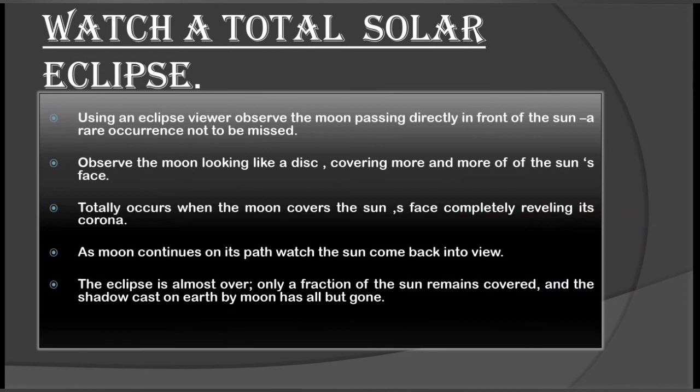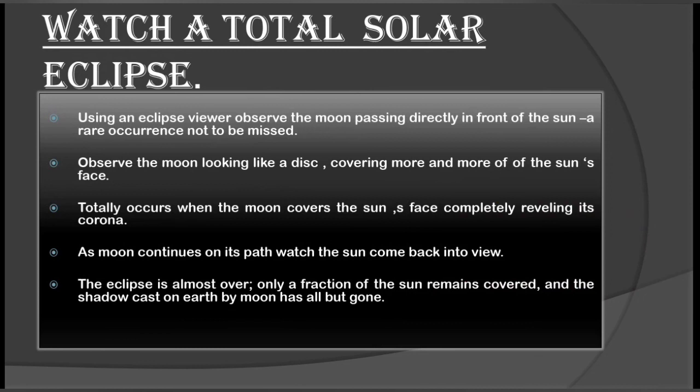Next, observe the moon looking like a disk covering more and more of the sun's face. Now totality occurs when the moon covers the sun's face completely, revealing its corona. As the moon continues on its path, watch the sun come back into view.